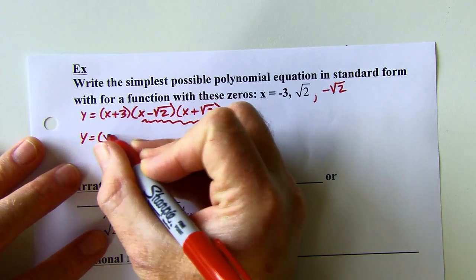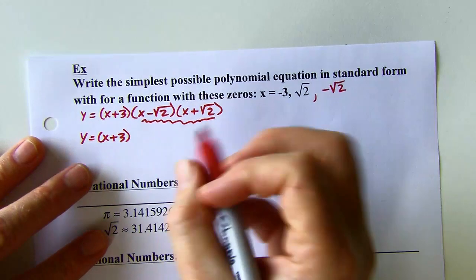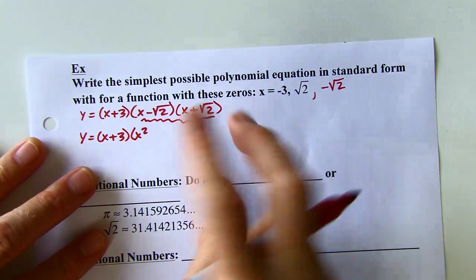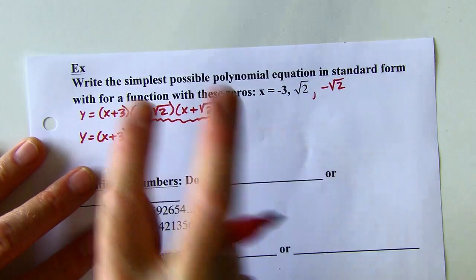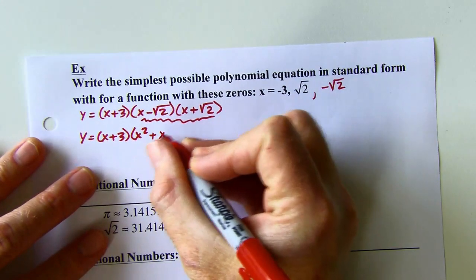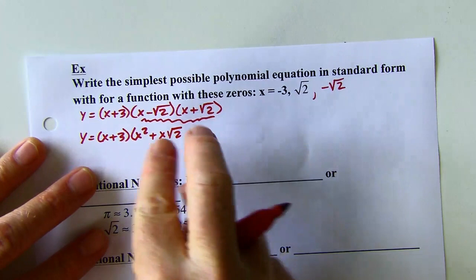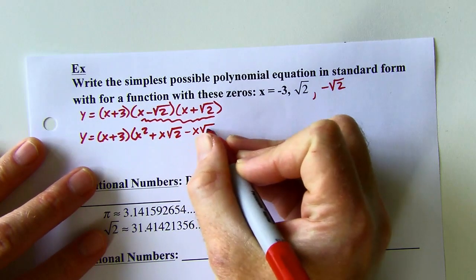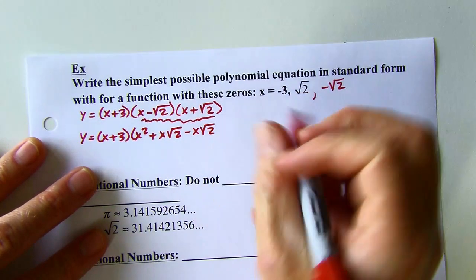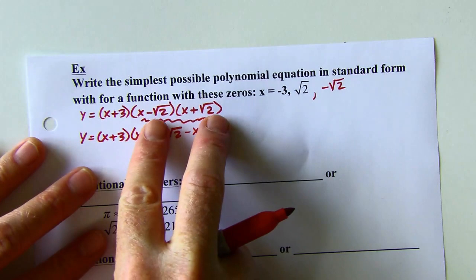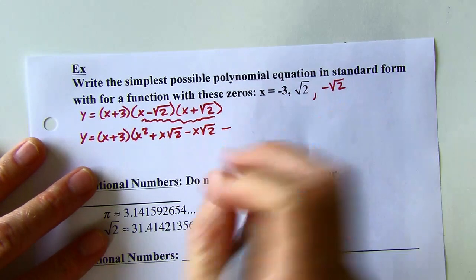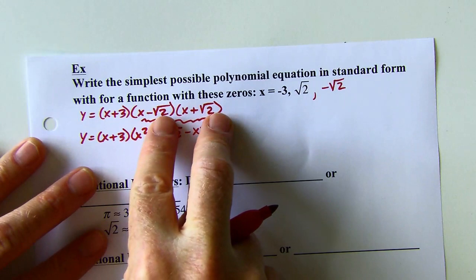First would be x squared, right? Outer is going to be x root 2. Inner is going to be negative x root 2. And last, and I find this is the part that gives people the most problems, I've got a negative times a positive. It will come out negative, right? Root 2 times root 2 would be root 4.